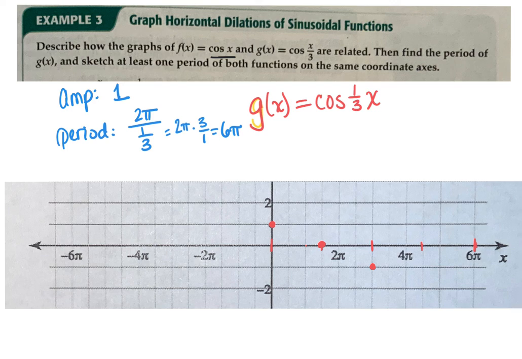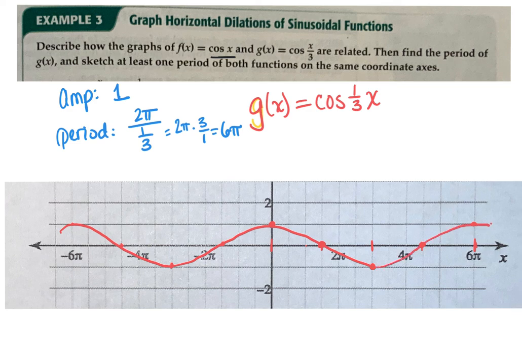Three-fourths of the way through, I'm going to be back at 0. And at the end, I'm going to be back at my highest, right? That's what a cosine function does. If I went the other direction, it would just mirror, so I would just mirror it down. That is my cosine function.